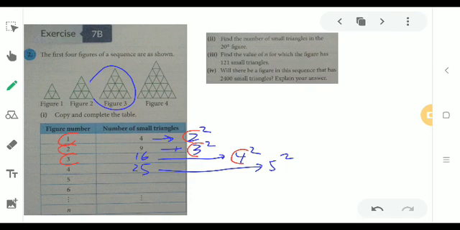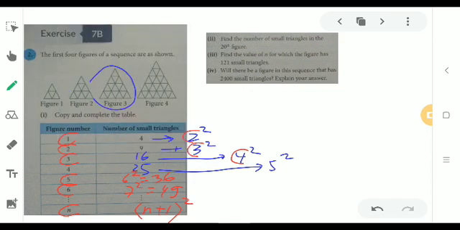Figure number 5, the number of small triangles will be 1 extra of 5, which is 6, and then you square it, so that will become 36. If the figure number is 6, the number of small triangles will be 7 squared, or 49. That means for figure number n, the number of small triangles will be n plus 1, in brackets, squared.